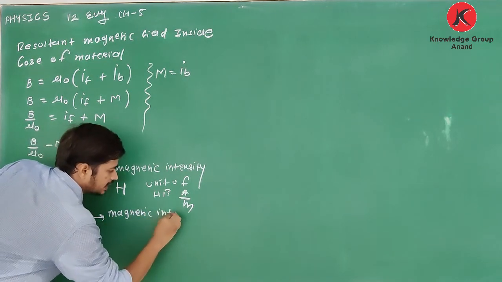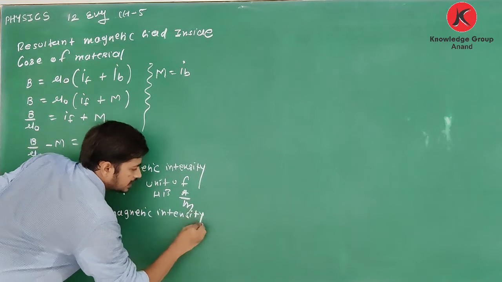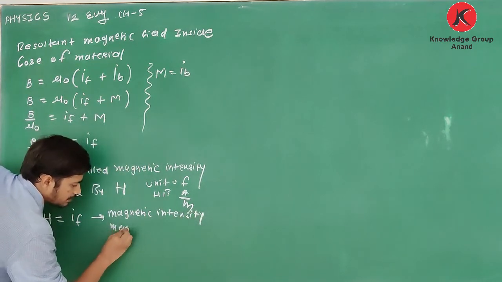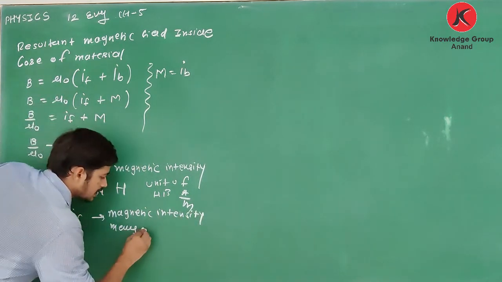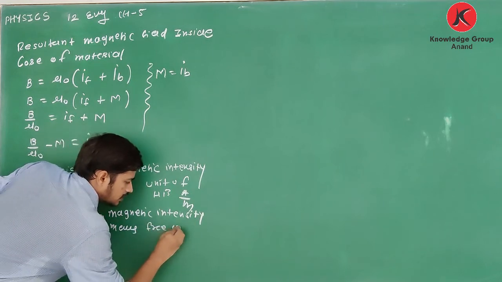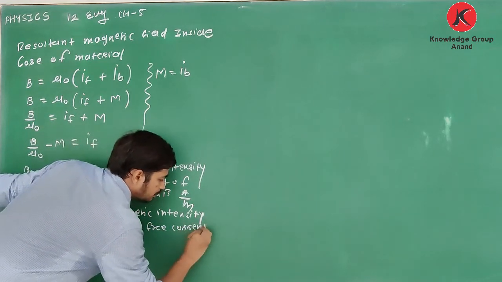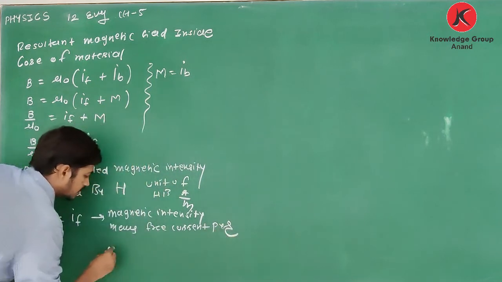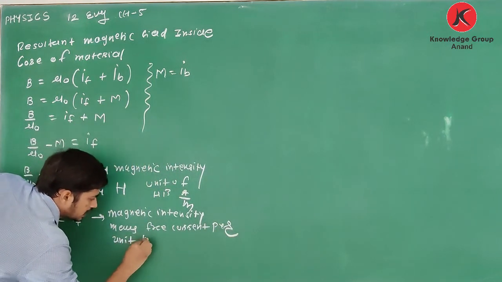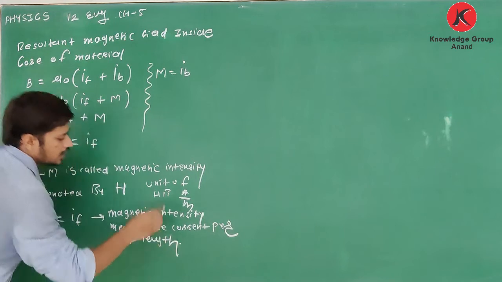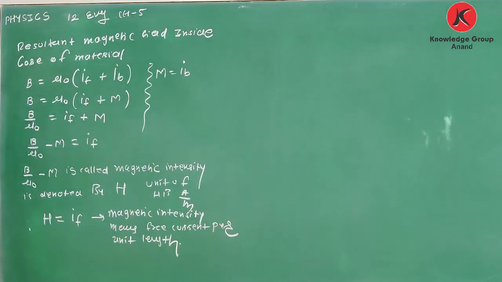Magnetic intensity means free current per unit length. So yes, you have to remember this: H is equal to IF.